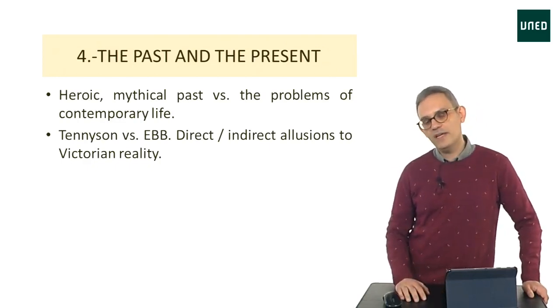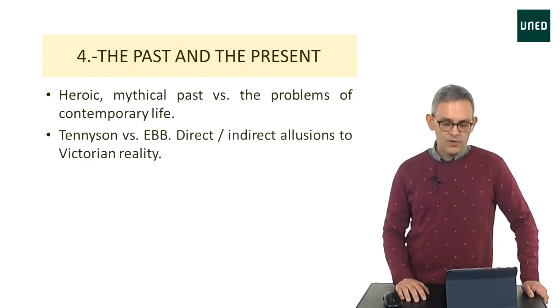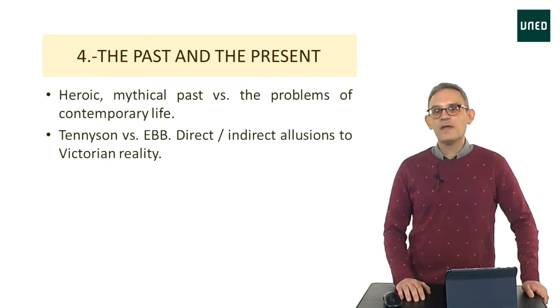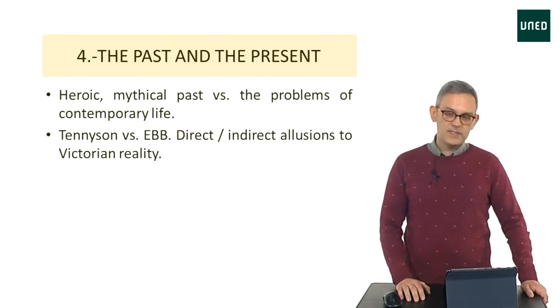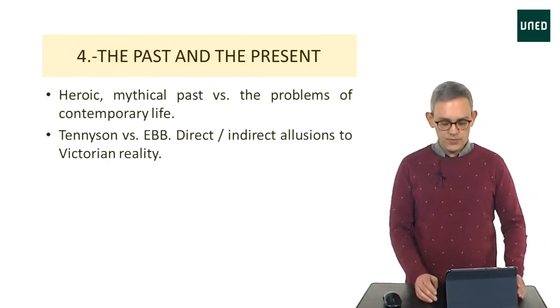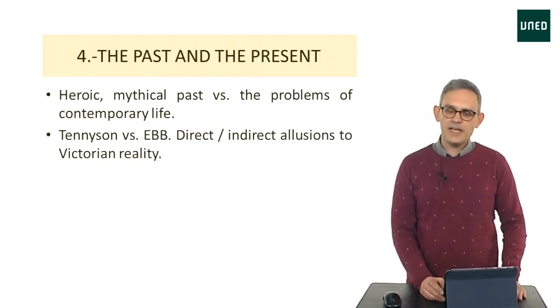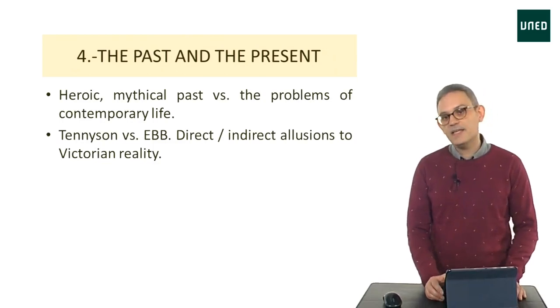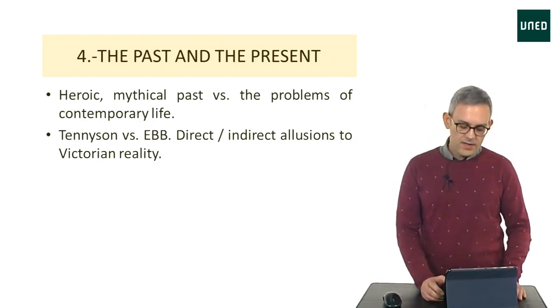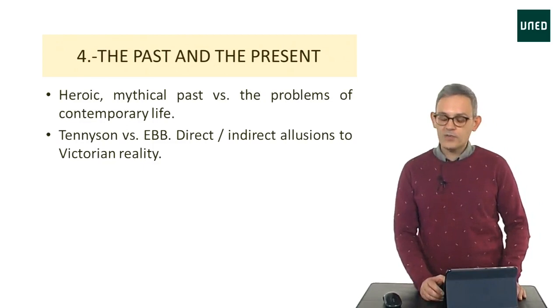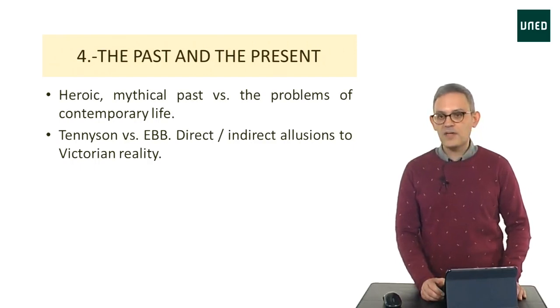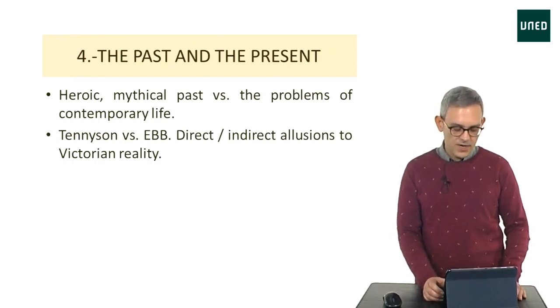And then we have Elizabeth Barrett Browning, who represents the other side of the controversy. She defended that poets should be concerned with the issues of their age rather than looking back on the past and idealizing it. As I explained earlier, Barrett Browning's Aurora Leigh daringly explores the difficulties faced by women aspiring to become artists in the 19th century.